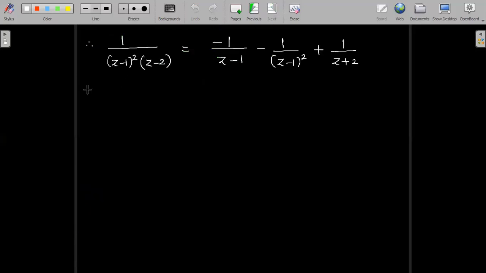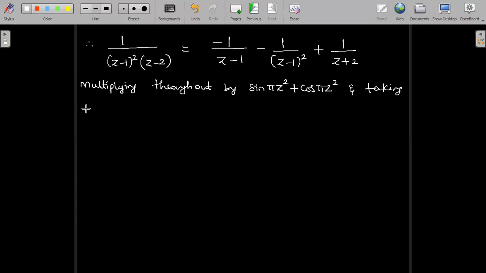Multiplying throughout means each term by sine pi z square plus cos pi z square and taking the integral over the curve C. We take this throughout and call that equation 1.